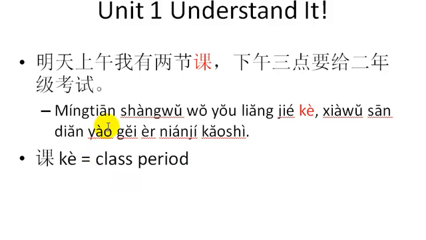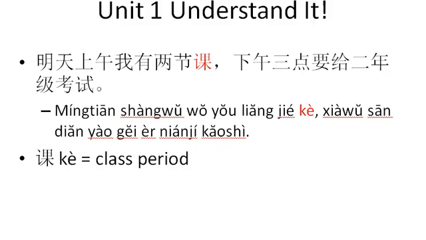Okay, 明天上午我有2节课. So think about what that means for a moment. Pause, and you'll be asked to translate it a couple slides ahead. 明天上午我有2节课. What could that mean? Okay, so 明天上午常老师有2节课, and then in the afternoon 下午3点要给2年级考试.